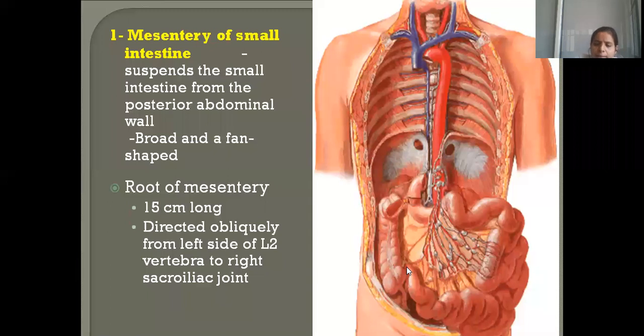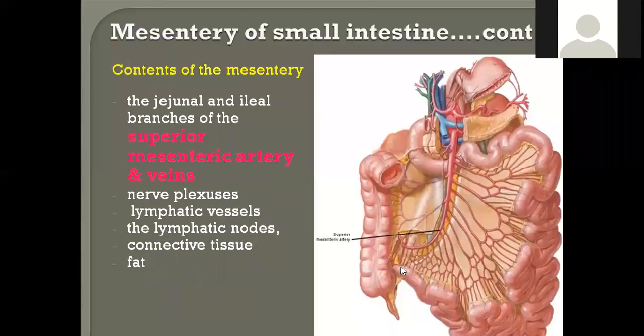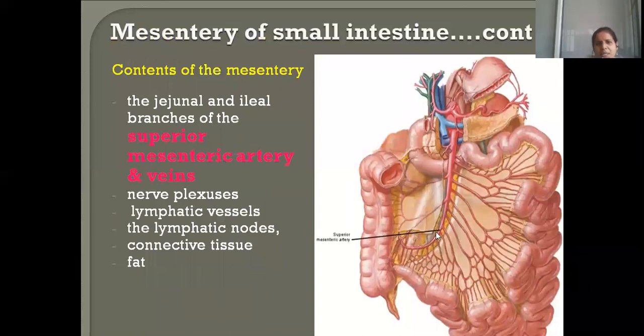Did you understand? Yes, ma'am. Now contents. When you see the contents of mesentery, when we study abdominal aorta, you have to understand a little bit of GIT. During the development of the GIT we have 3 subdivisions: foregut, midgut and hindgut. Why am I talking about this?